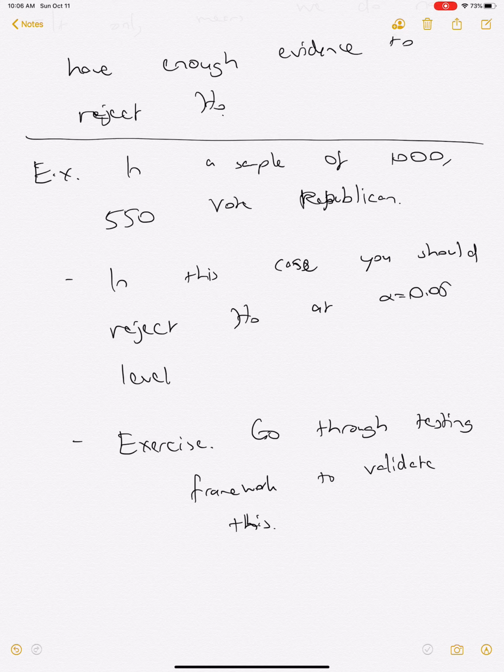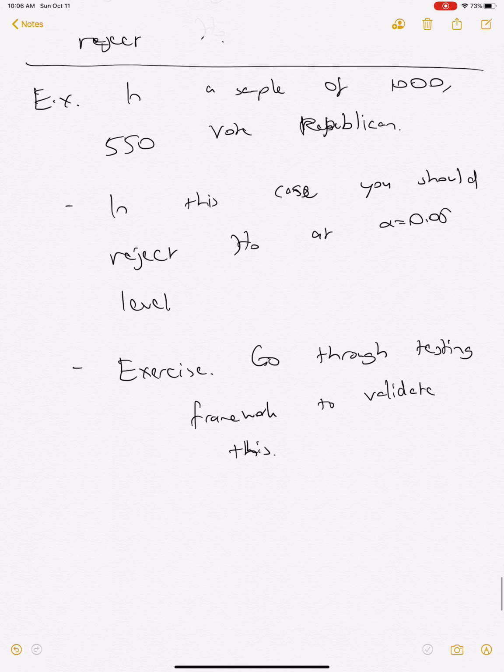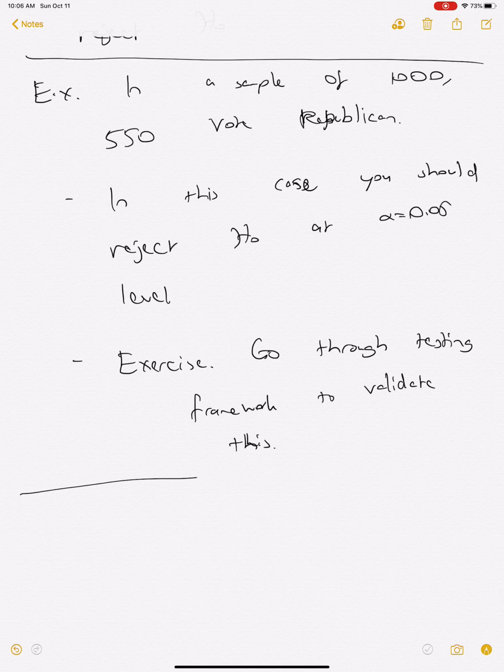And so that's going to allow you to potentially reject the null hypothesis if you have more data. So that's something to keep in mind and to work on before moving on to the next lecture. And that will hopefully pin down the basics of the understanding of this framework.